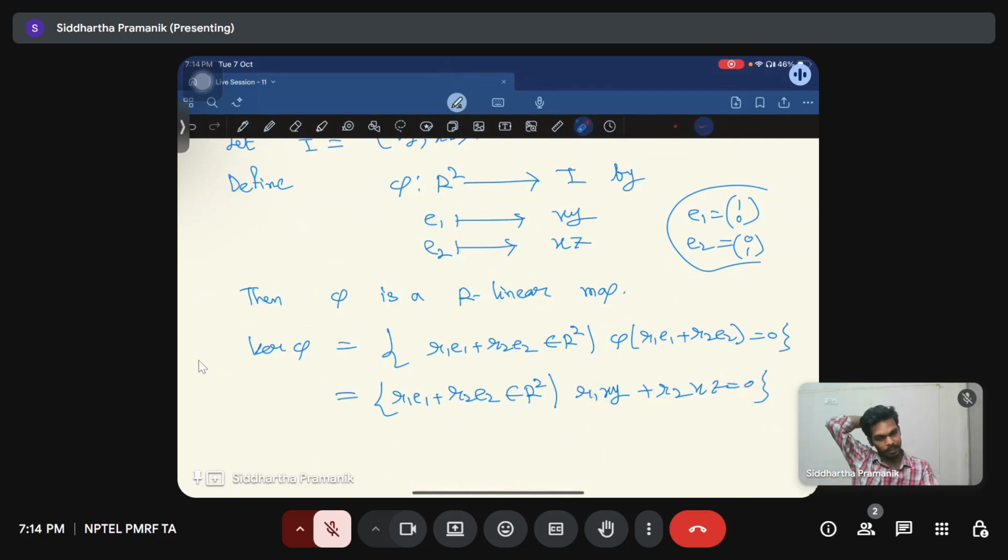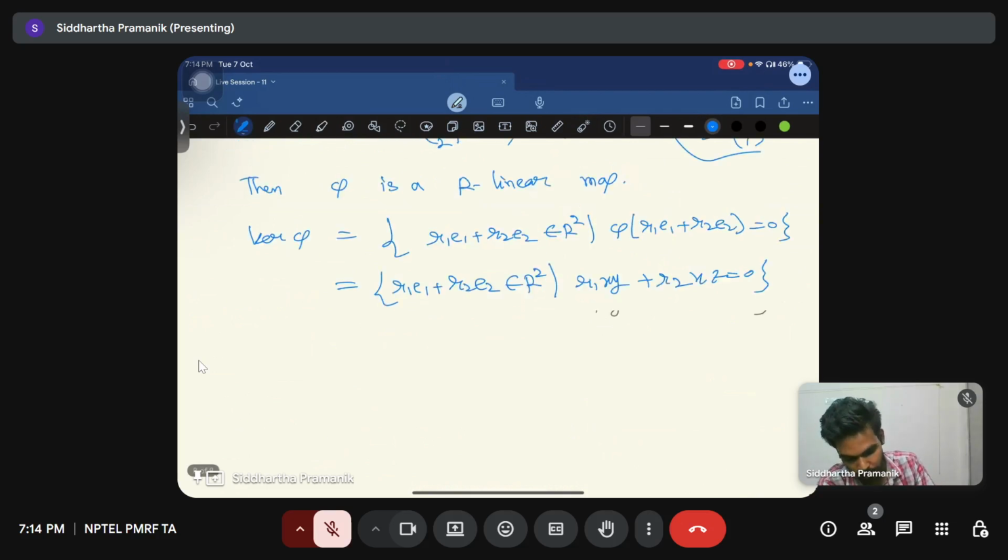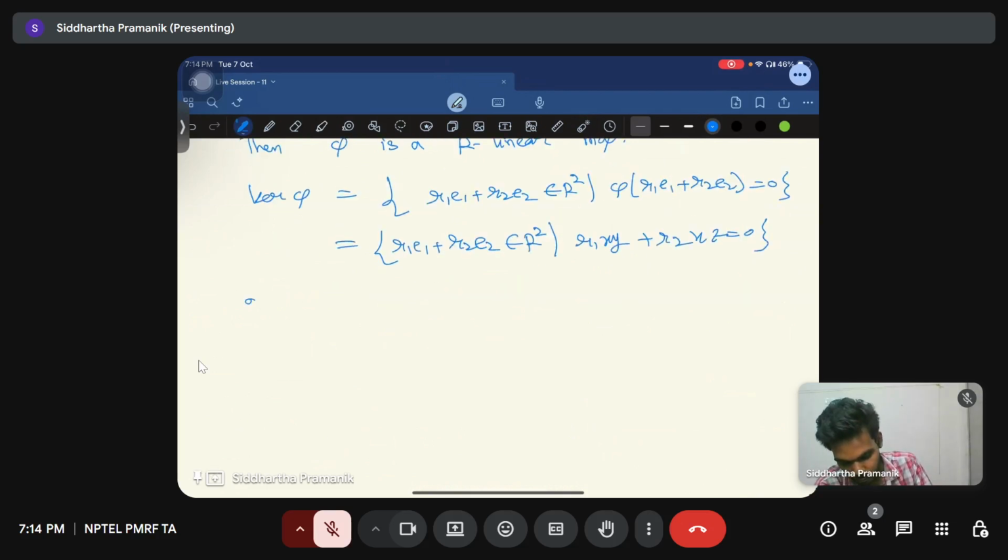So basically, to find the CGD of xy and xz, we need to find this kernel, right? So how to find this kernel? R1 xy plus R2 xz equals 0.